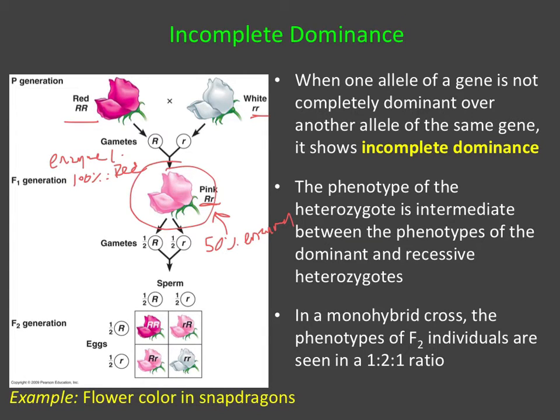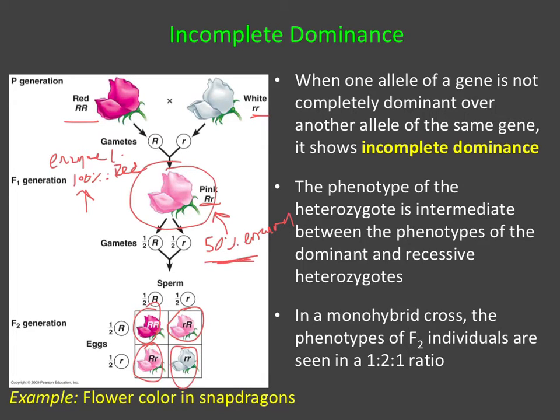So in incomplete dominance, you get a phenotype that's essentially a dilution of the dominant phenotype. It's because you need a certain amount of this enzyme to make red, and if you only have part of that amount and the default color is white, then you end up making 2 pink flowers to every 1 red and 1 white.